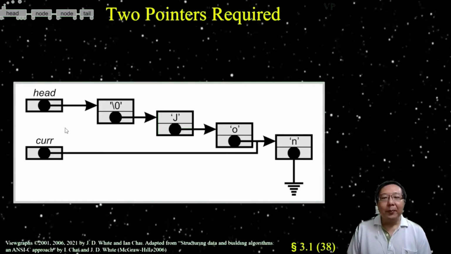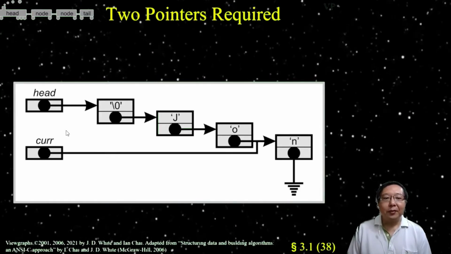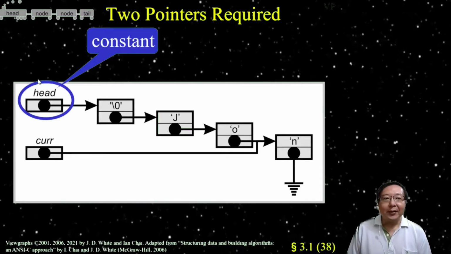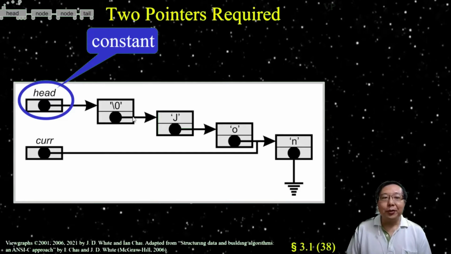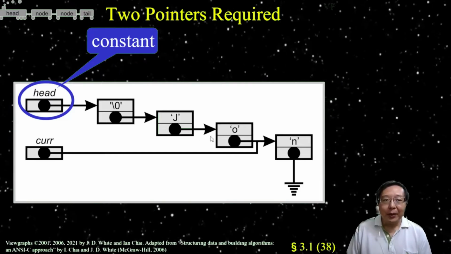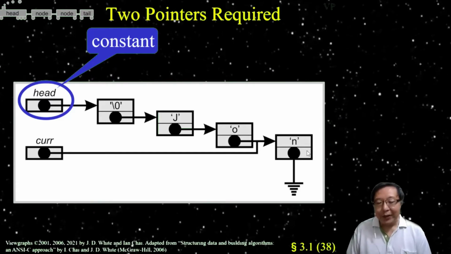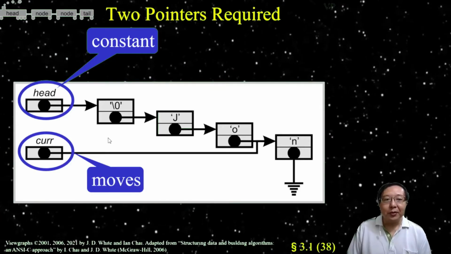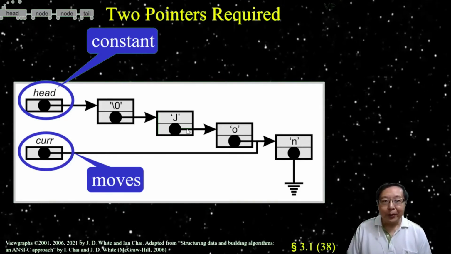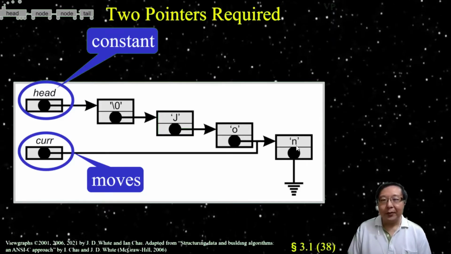So you may be wondering why we need to have two pointers. Well, the fact is that you notice head never moves. Head always points to the head node. But we needed to keep reaching down into the list, right? So that's what car was for. Car moves. It was first pointing here, then here, then here, then here.